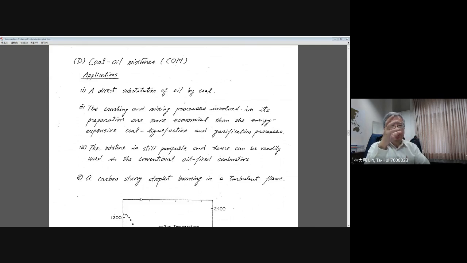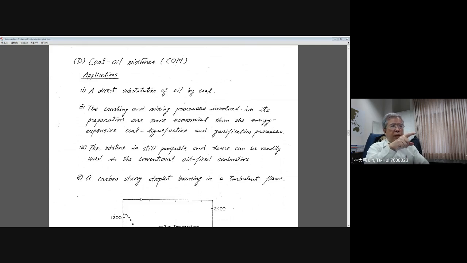Then they will catch those pollutants earlier, before they burn the mixtures. This is another application, coal gasification.